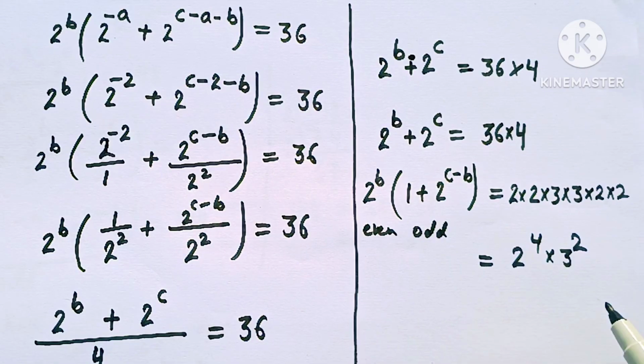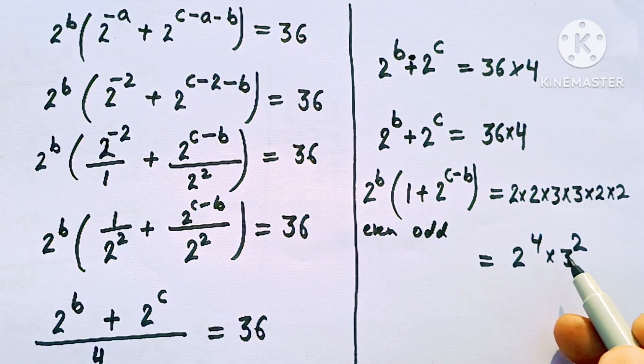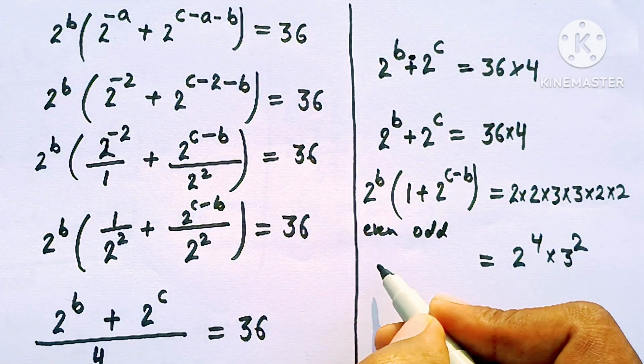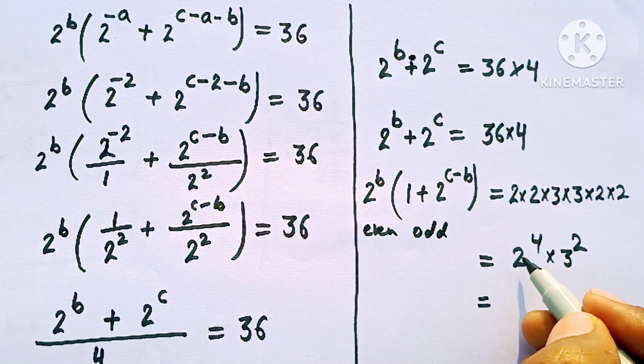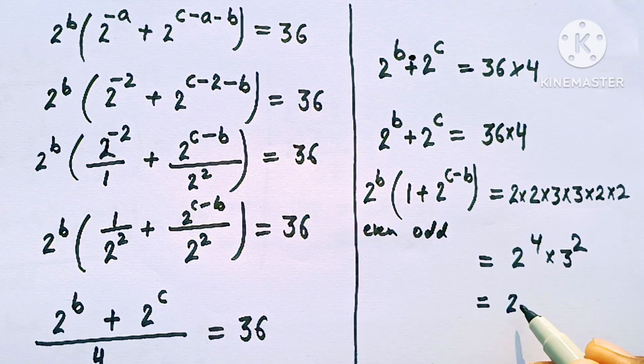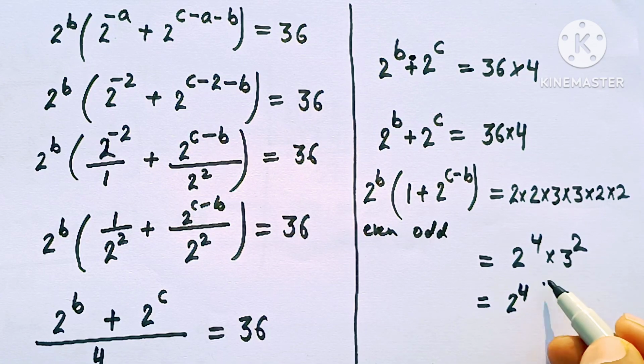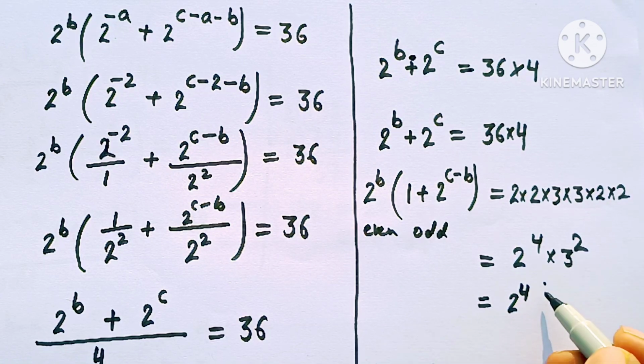So you can see that this is even and this one is odd. I can write this as 2 to the power 4, and 3 to the power 2 can be written as 9.